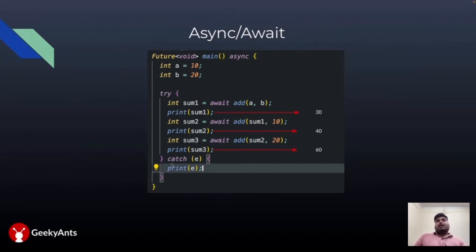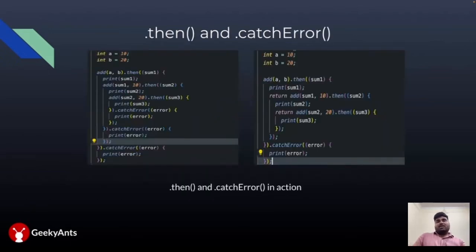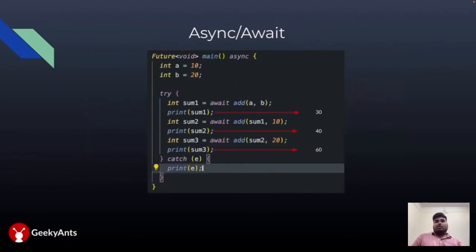And I have used a try catch to catch all the errors for all the asynchronous functions that I have called. So you can see how async await changed this from callback hell to this heaven.